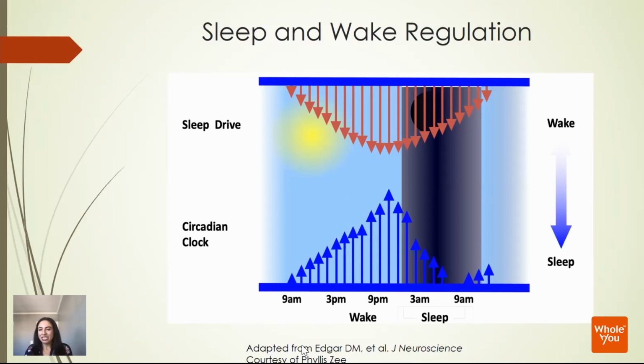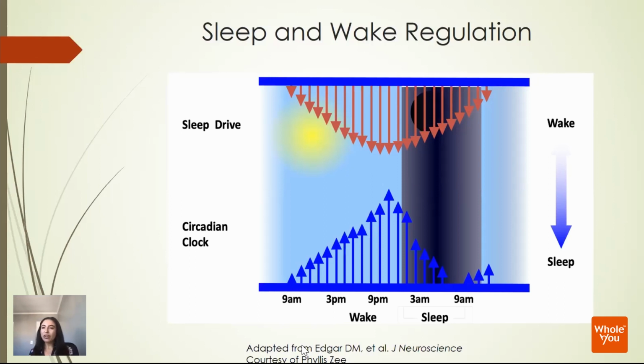Now, our alerting signals are the things that keep us awake, right? If we didn't have alerting signals, every time we increase a little bit of our sleep drive, we'd fall right asleep. So the alerting signals keep us awake, keep us functioning through the day, even when that sleep drive starts to increase a bit at different times throughout the day.